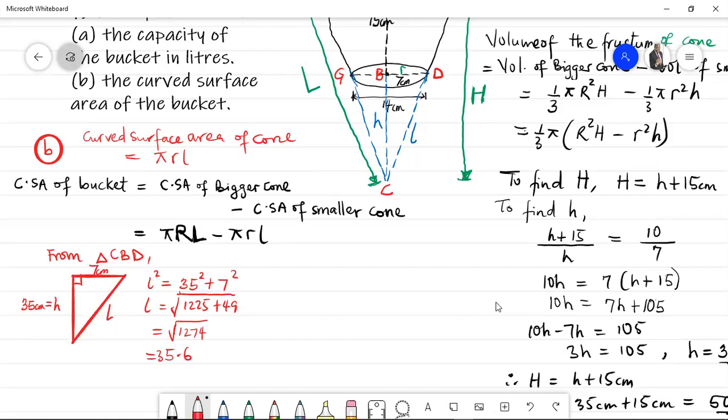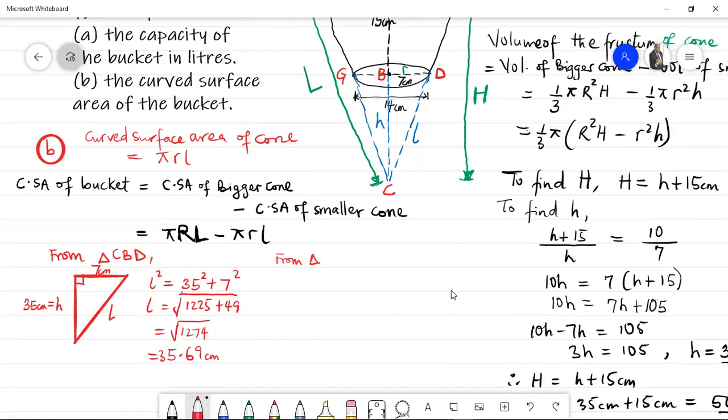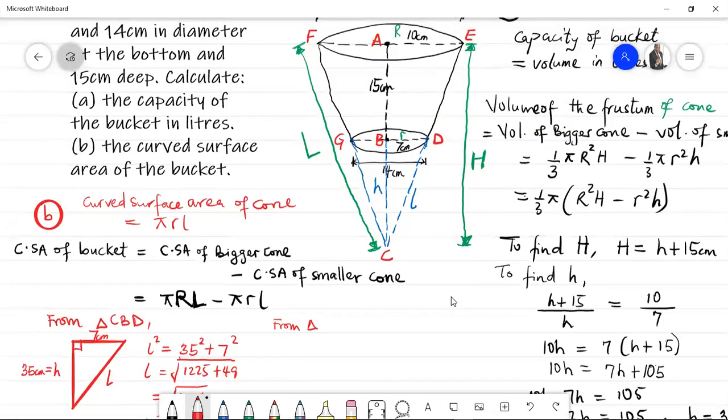For big L, we have another triangle to focus on. We're going to take it from the big triangle now, triangle ACE. I'm going to draw it out.